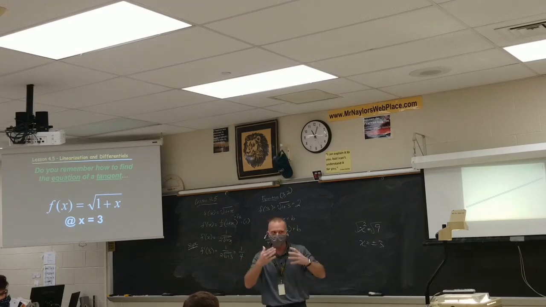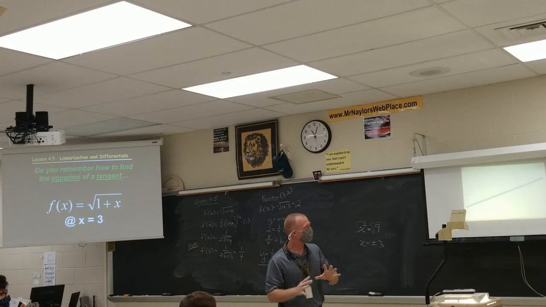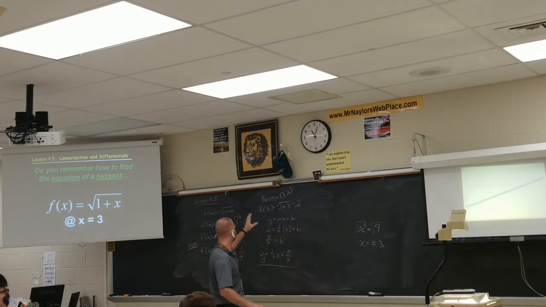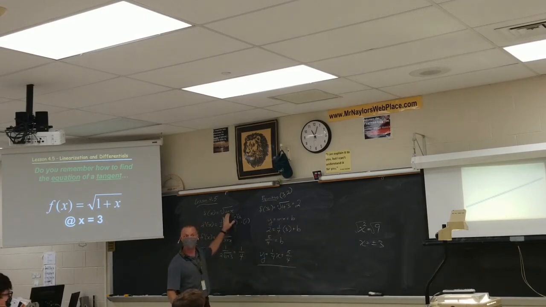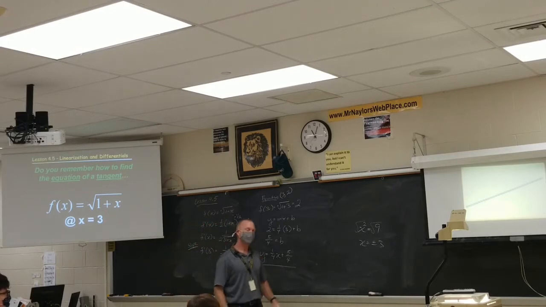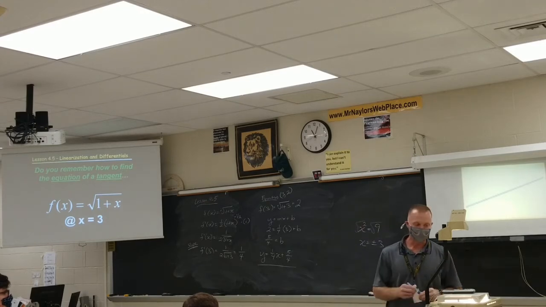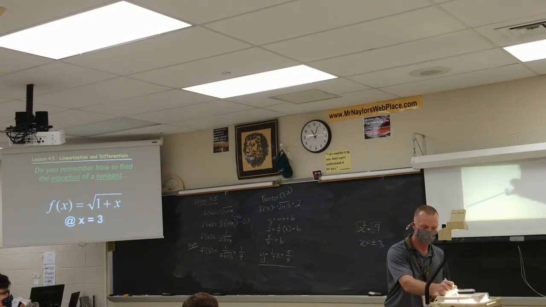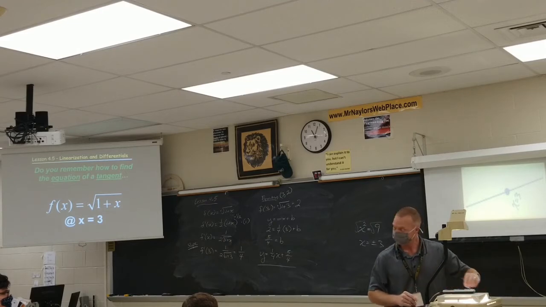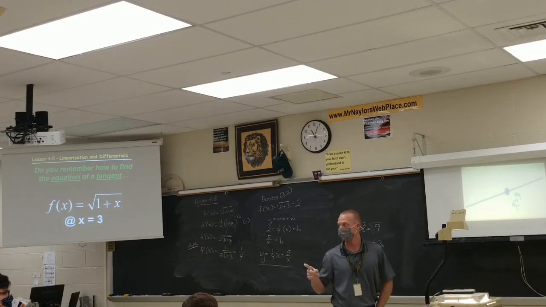Now, I'm not trying to pull a fast one on you. Everyone here is smart enough to realize that they're two different equations. In fact, one of them is definitely nonlinear. It's a curve. One of them's linear. It's straight. But what I am trying to help you see is if you zoom in on the point of tangency, x equals 3, that it can appear that they're the same.